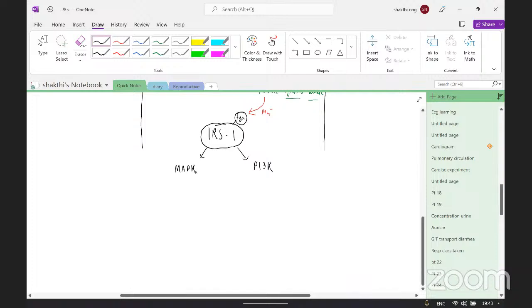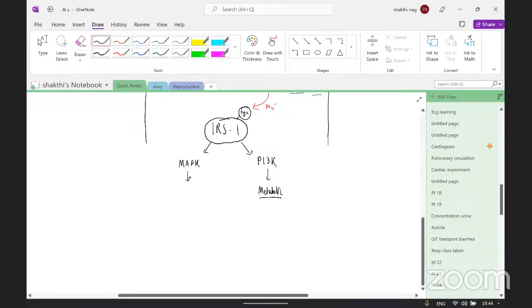So whatever metabolic functions that you see because of your insulin, that is through your PI3K. And through your MAPK, that is mitogen associated protein kinase, that is going to be your growth promoting activity.